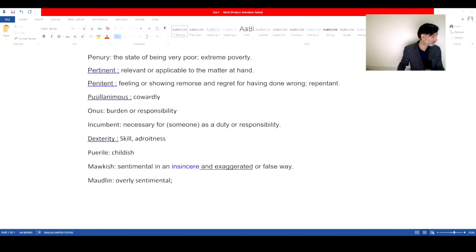Okay, another word is abstruse. What is abstruse? Abstruse is something difficult to understand. Something very profound but difficult to understand.